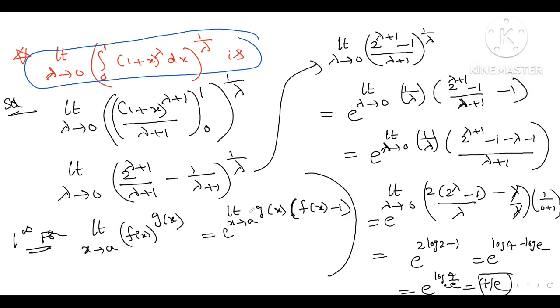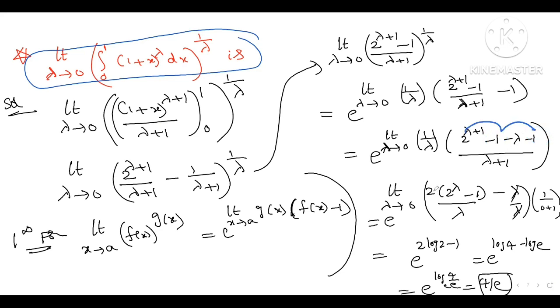e to the power limit lambda tends to 0 of 1 by lambda into, taking the LCM, lambda plus 1: 2 to the power lambda plus 1 minus 1 minus lambda minus 1. Here it becomes 2 to the power lambda plus 1 minus 1 minus 1 minus 2.